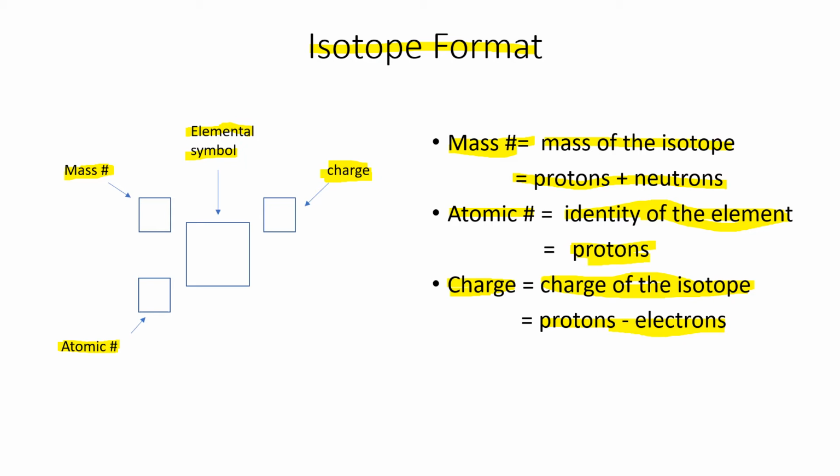Money can be gained, money can be lost, electrons can be gained, electrons can be lost. If you're married, your money is shared with your spouse. Electrons can be shared. Your money may be in different areas, different accounts. Electrons can be in different specific regions of the atom. Electrons are really the currency of chemistry.